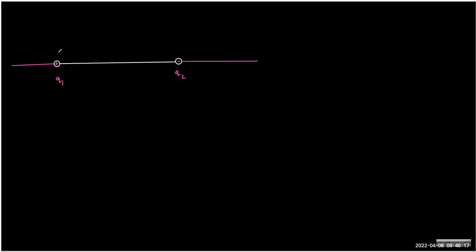Now, if I divide again into regions 1, 2, 3, and if I keep the test charge in region 1, we'll keep the positive test charge just as a tradition or convention.